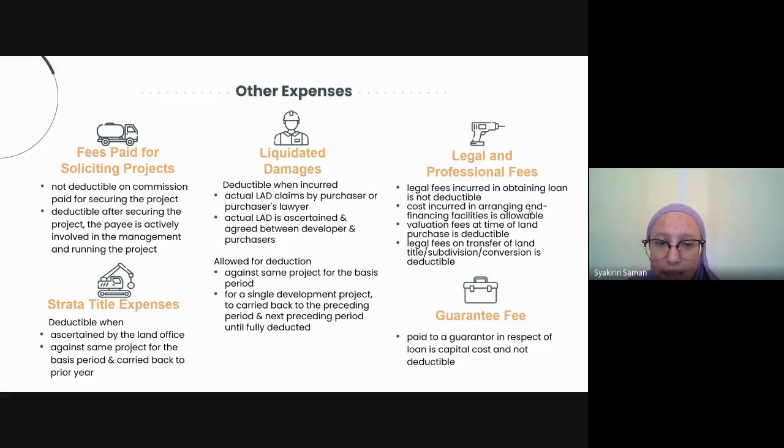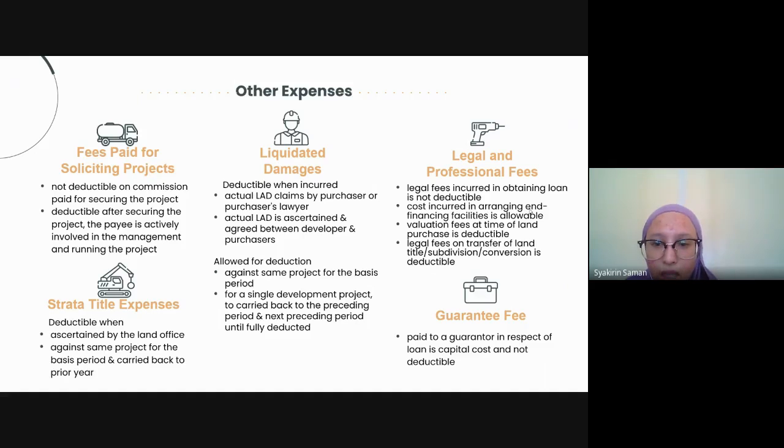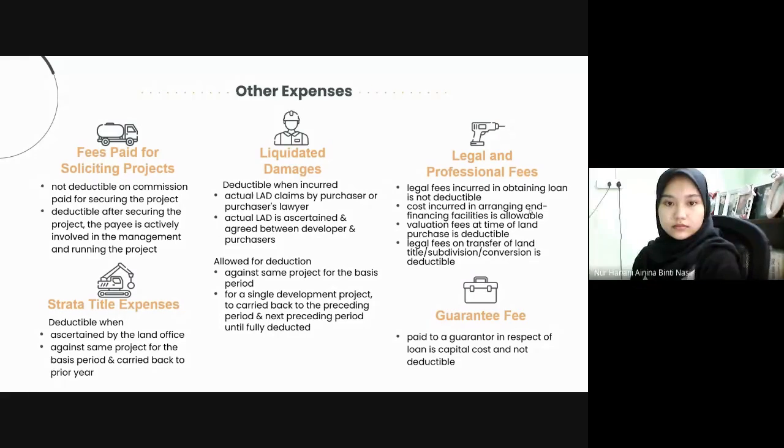Next is other expenses, which is fees paid for soliciting projects, liquidated damage, legal and professional fees, strata title expenses, and guarantee fees. For income tax purpose, provision for liquidated damage and provision for strata title expenses is not allowable.